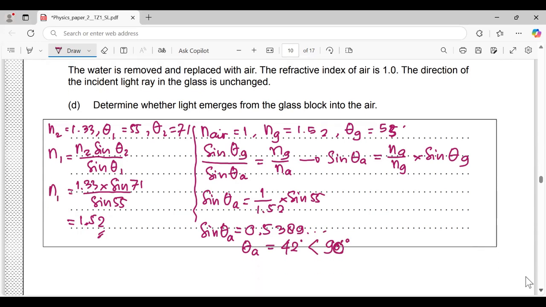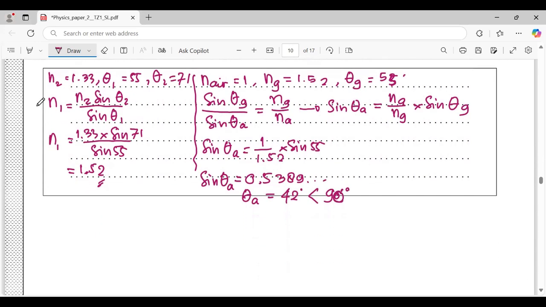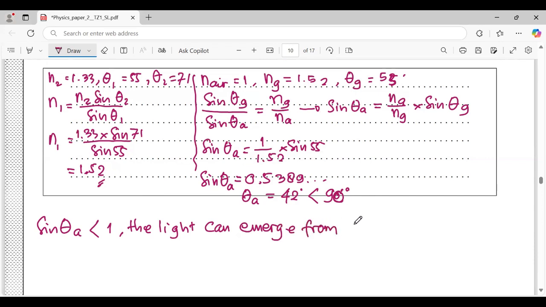And the conclusion: if sine theta air is less than 1, the light can emerge from the glass block into the air.